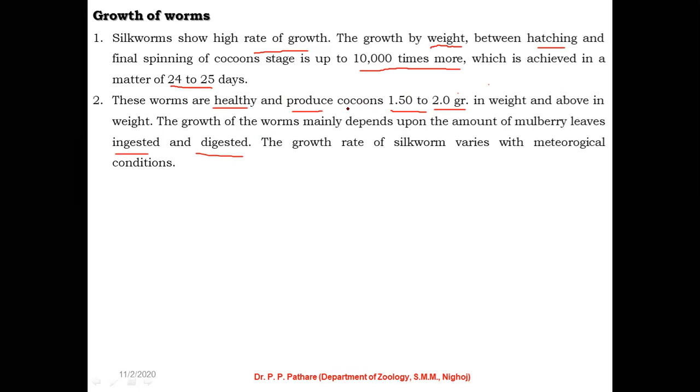Cocoon is a silken cocoon. This silk is secreted by the silk gland. Silk production mainly depends on these two points: the amount of mulberry leaves and the digested mulberry leaves. The simple and common statement is that whatever food material is fed to the silkworm, they convert into the form of silk cocoon, and the amount or weight of this silken cocoon mainly depends on these two factors.